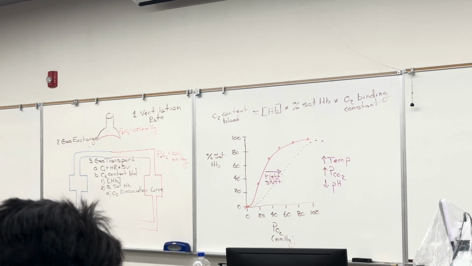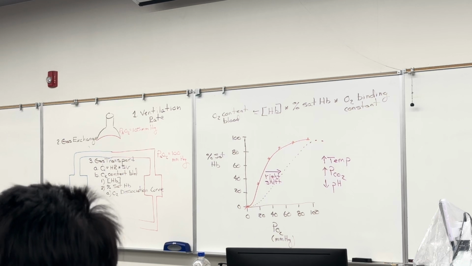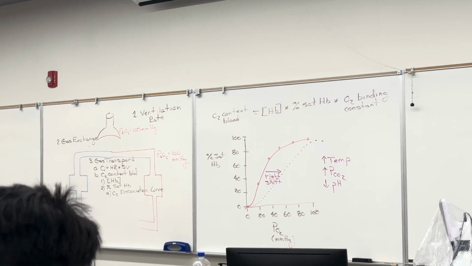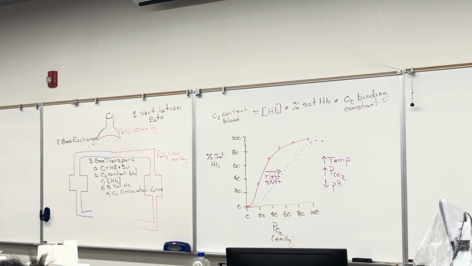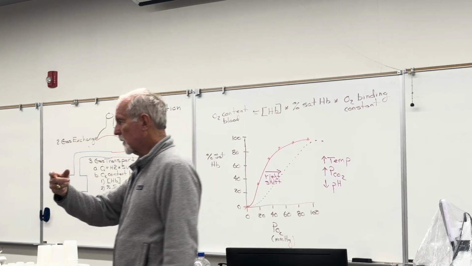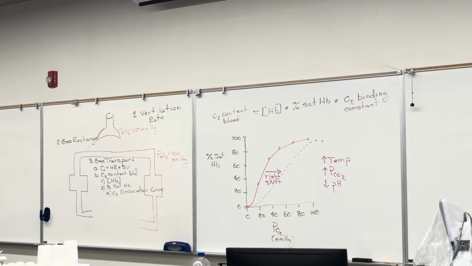Remember, one of the things I said earlier in the class is that the pH scale is an inverse scale that describes the concentration of hydrogen ions. So if the concentration of hydrogens goes up, by definition, pH goes down.